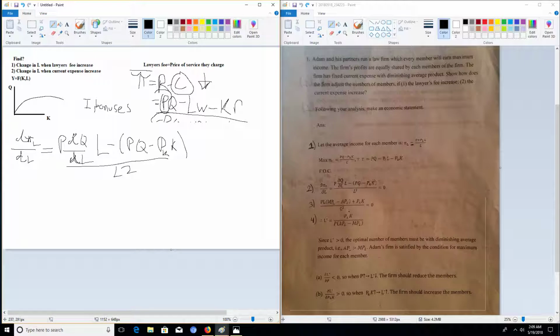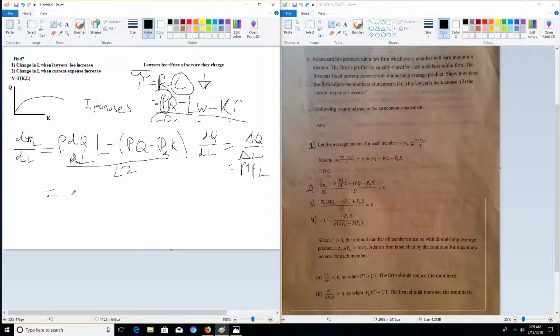Now, dq dl, what is that, right? The dq dl is change in q over change in L, right? Change in output from change in input, which is just MPL, right? That's all it is. So now we get the second line.